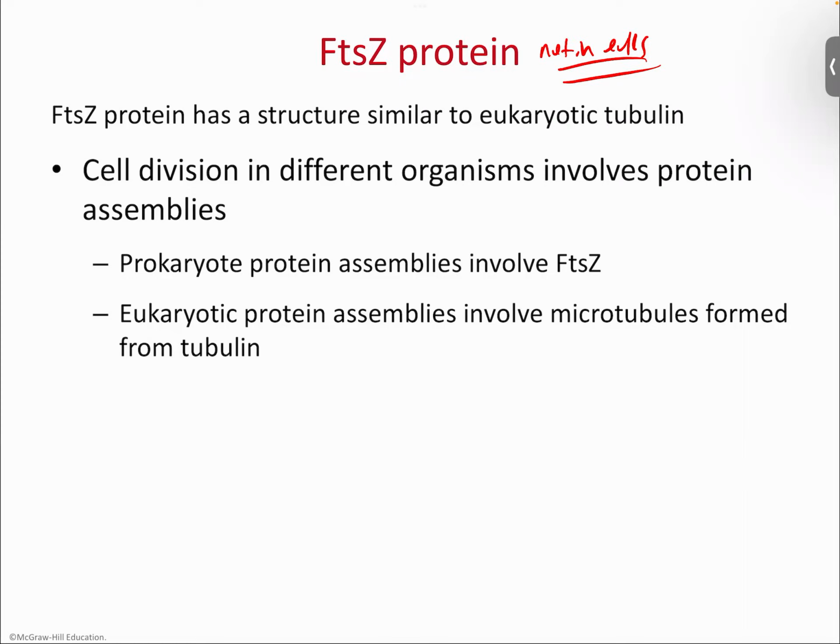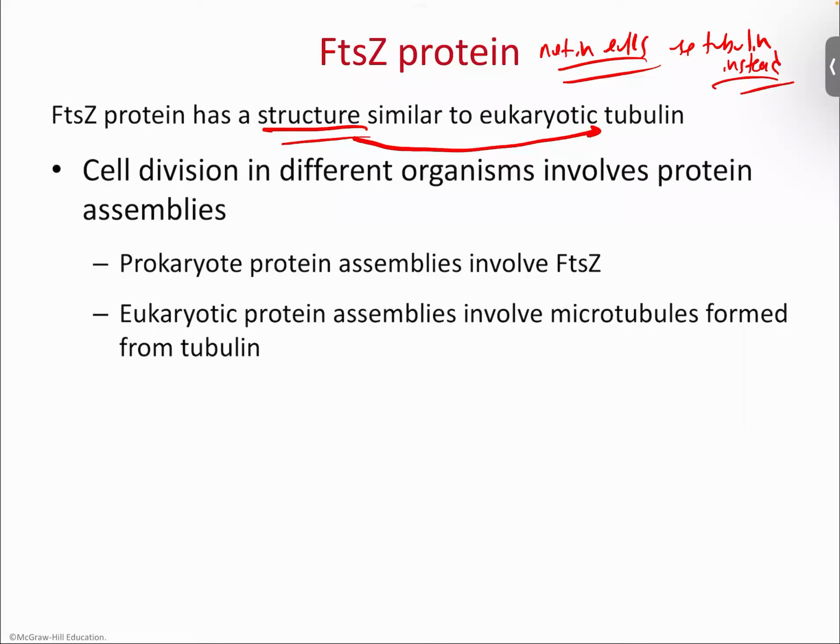Well, eukaryotes don't have FtsZ, but they do have a different protein: tubulin. And the structure of FtsZ is very similar to tubulin, so FtsZ is actually tubulin-like. Essentially eukaryotes use tubulin instead.